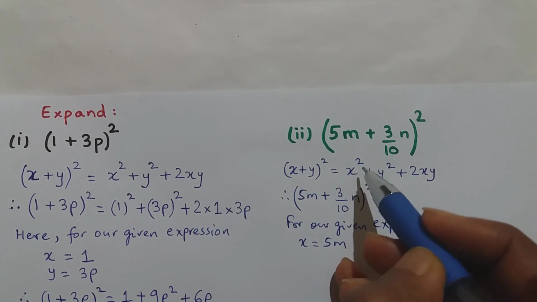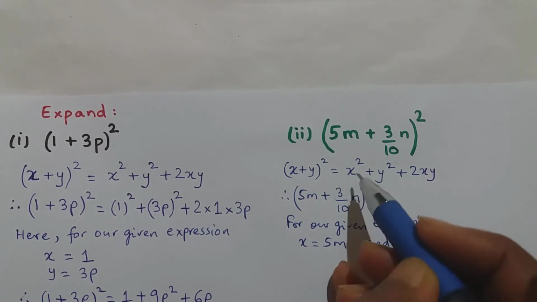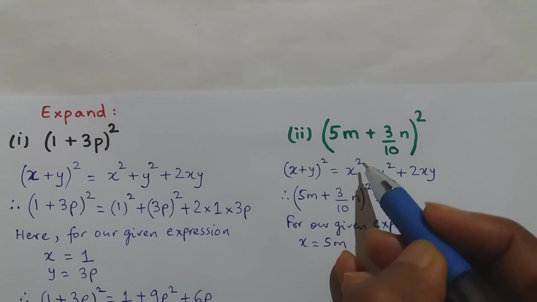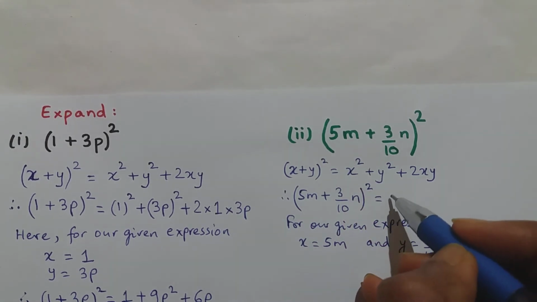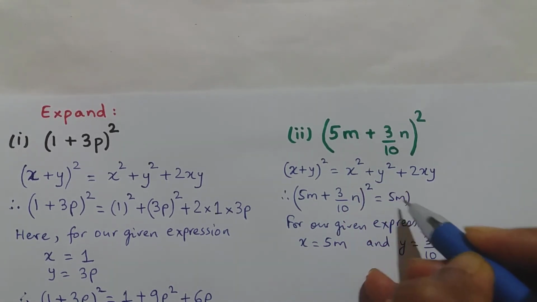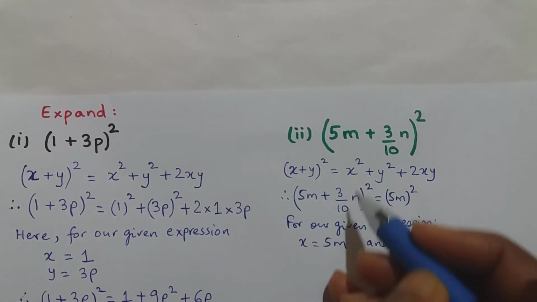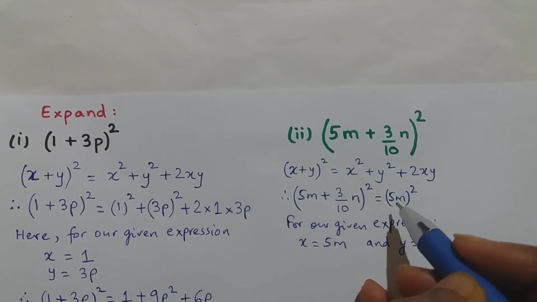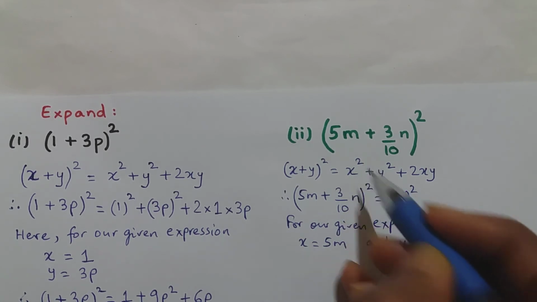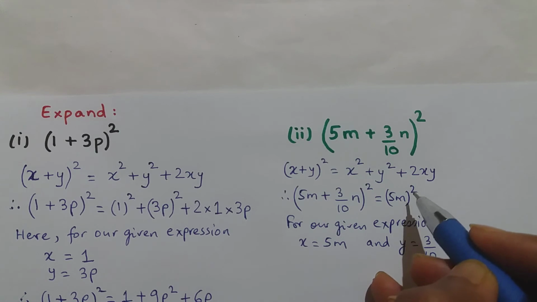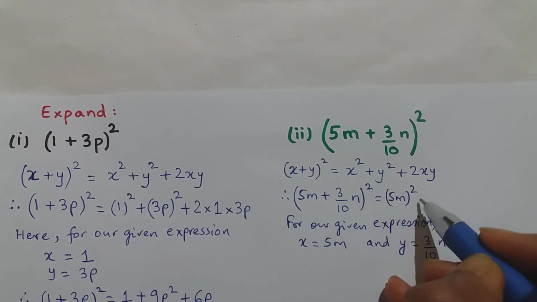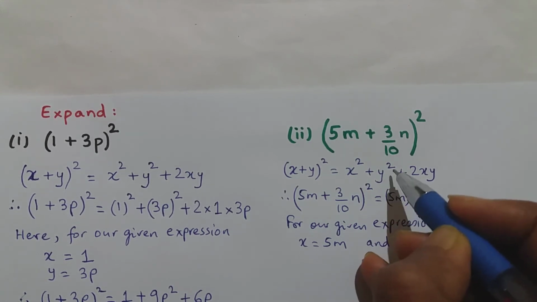So x square will become (5m) whole square. Instead of x, I will write 5m. So x square will become (5m) whole square plus y square.